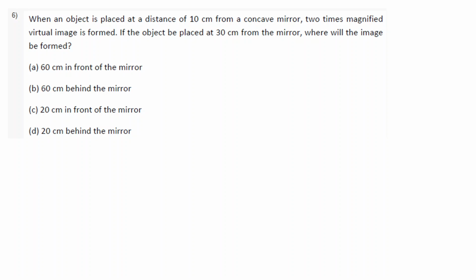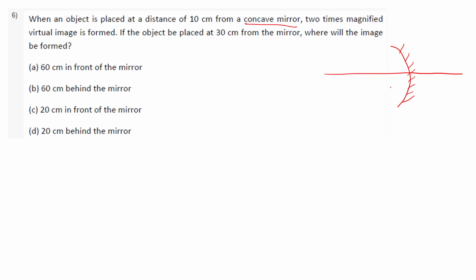Next question. When an object is placed at a distance of 10 centimeters from a concave mirror, as soon as we see that the type of mirror or lens has been told, let's draw it so that things will be clear in our mind. We'll follow the same step so that there won't be any chance of mistake.